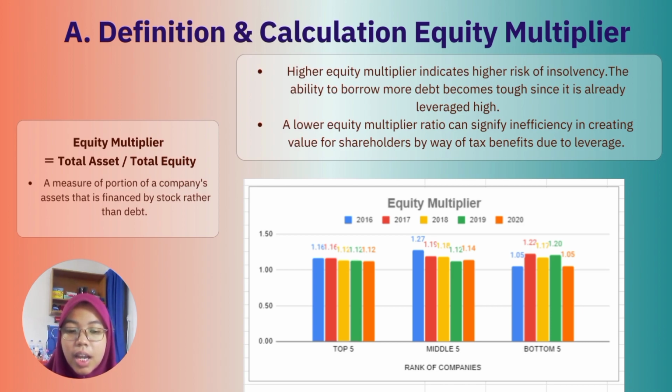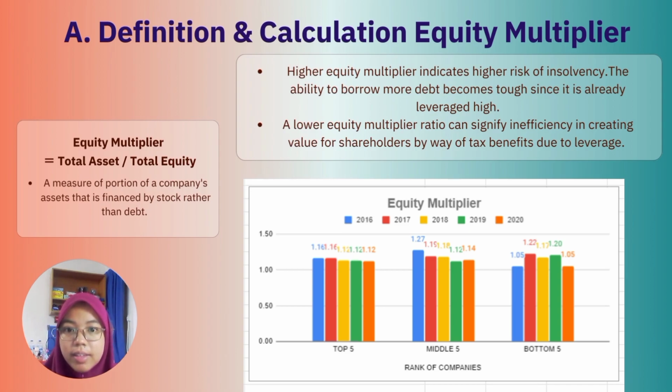In the middle 5, you can see that 2016 also gives the higher equity multiplier. When the equity multiplier is higher, it indicates a higher risk of insolvency. The ability to borrow a loan becomes hard because our debt is already high.